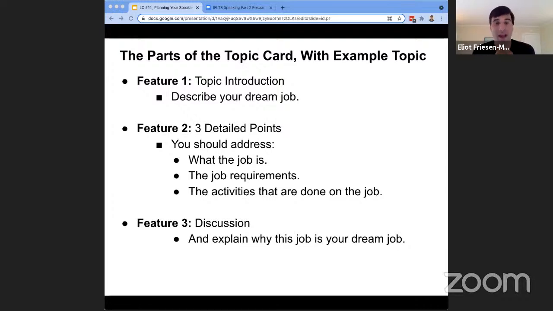So you can expect to get those, but they are not going to be on the topic card, and you can't really predict exactly what they're going to ask you to elaborate on. We can talk about that later when we look at some speeches and think about possible follow-up or rounding off questions that you might see.